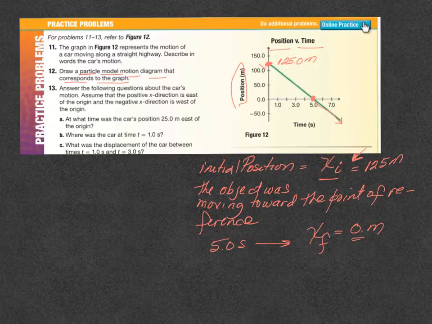Okay, particle model. You know that a particle model is the one that is using a dot. The motion diagram is the one that is using a picture. You remember that when you use a particle model or motion diagram, you are representing the position of your object during constant intervals of time.